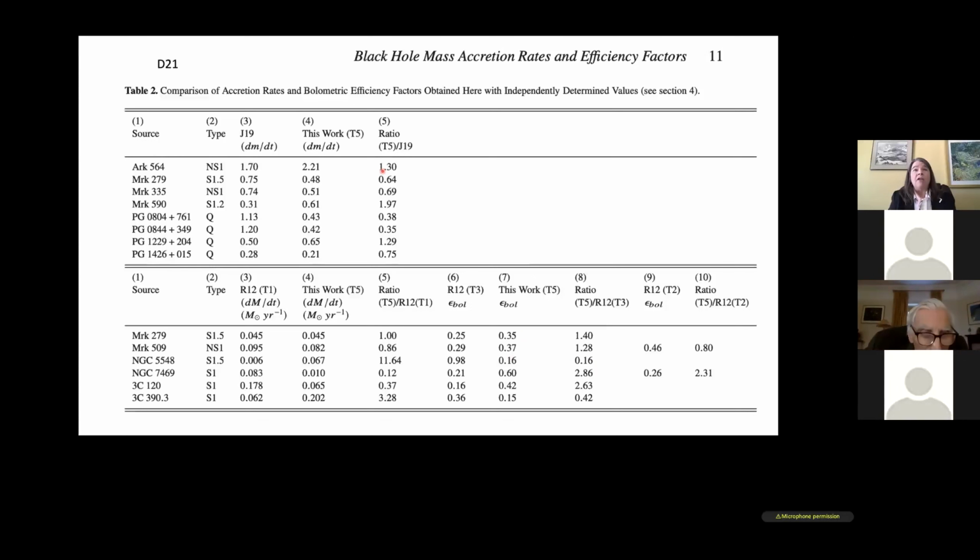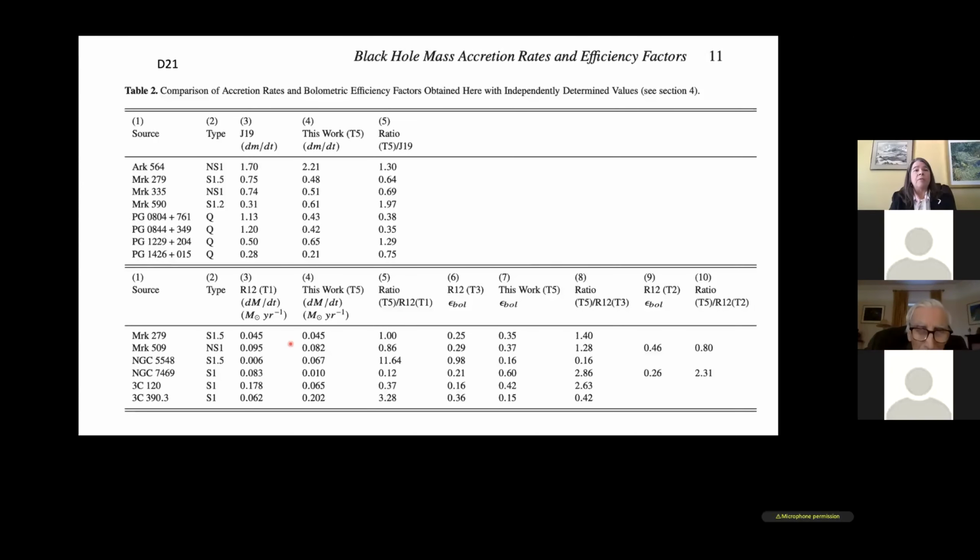So while I'm here, I'll mention the mass accretion rates. Zhang et al. had mass accretion rates in dimensionless units for 8 sources that overlap with the sources that I studied. Here are the mass accretion rates I obtained, and here are the ratio of those dimensionless mass accretion rates. So they're consistent to a factor of 2 or so.